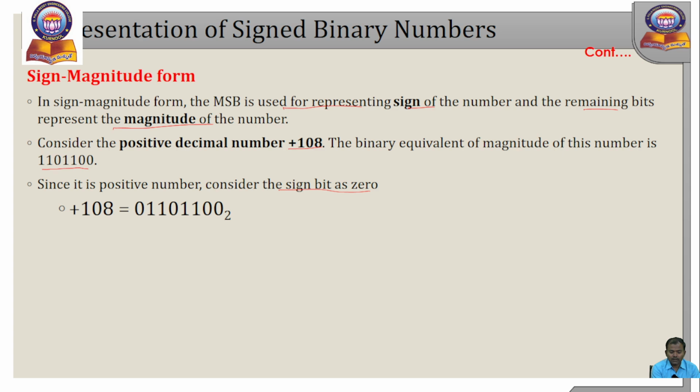So the magnitude is 1101100, and I place the sign bit in front of this number, that is 0. So this is the representation of the number in sign magnitude form.